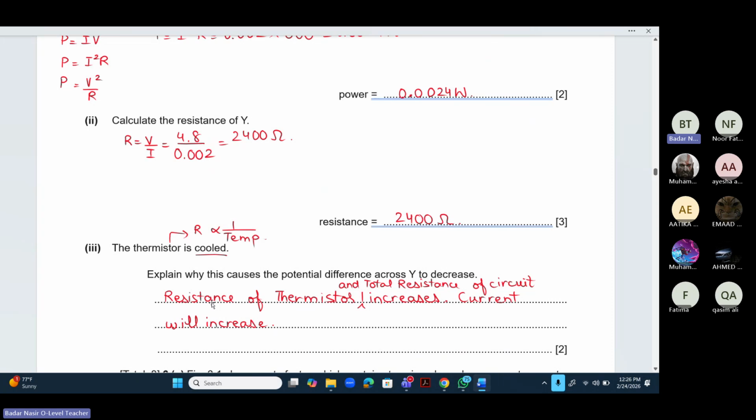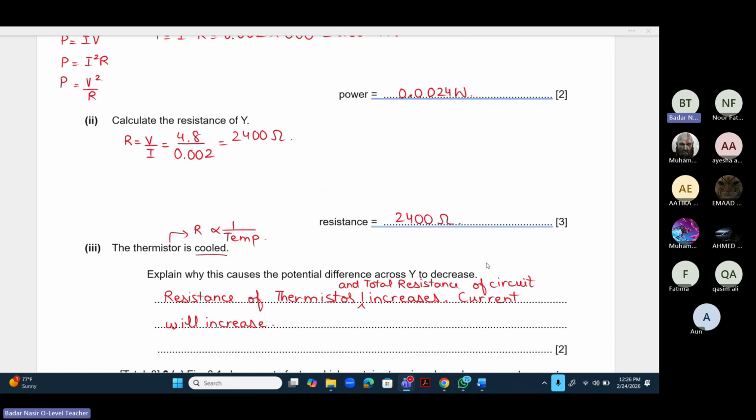The thermistor is cooled. Explain why this causes the potential difference across Y to decrease.